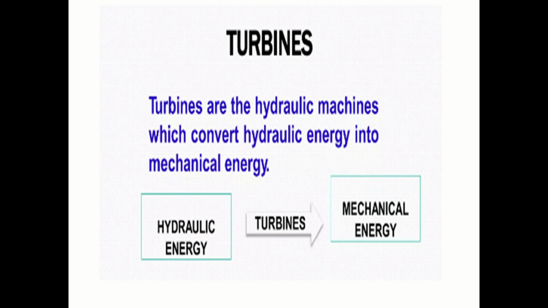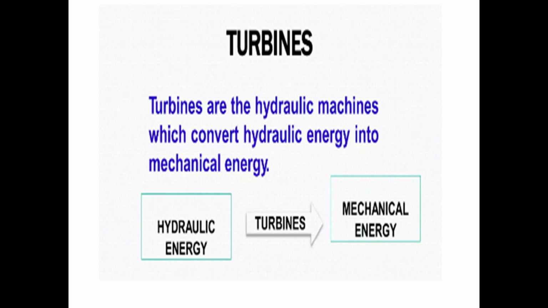That means the water is hitting the vanes or blades or buckets also we can call. When the water is hitting the vanes, blades or buckets, the impeller of the turbine will be rotated, and this impeller is connected to a shaft, and this shaft is connected to the generator.